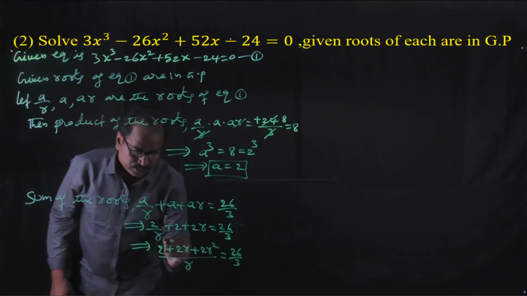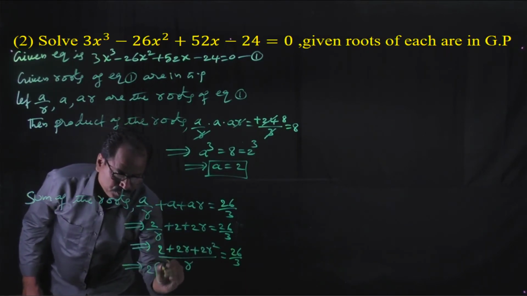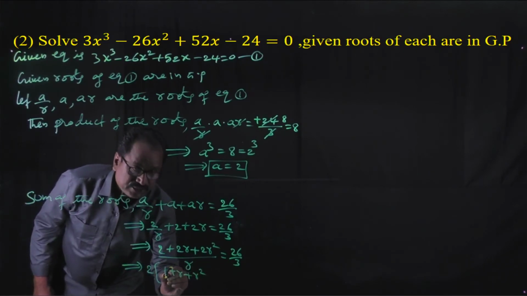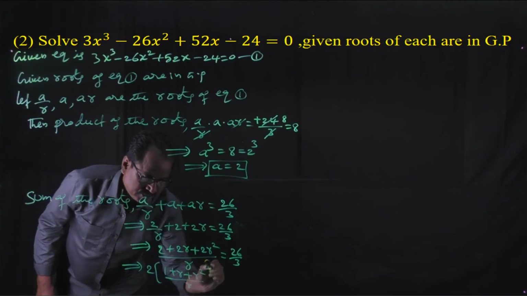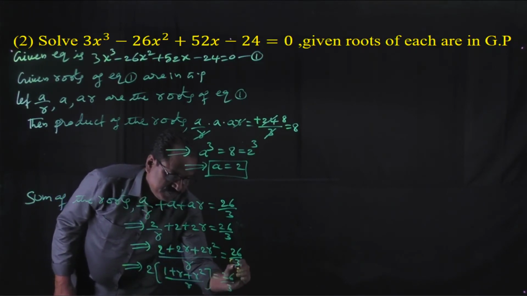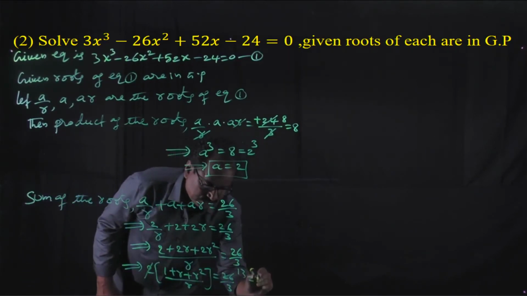So here 2 is common factor. 2 into 1 plus r plus r square by r is equal to 26 by 3. 3 thirteens gets cancelled, that is equal to 2 thirteens, 13 by 3.